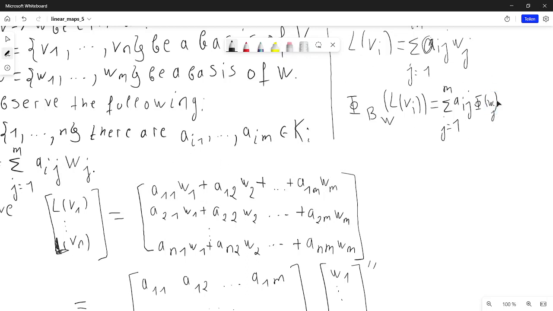We have now this sum here, which we can write in a matrix because of that. Oh, okay, I shouldn't say in a matrix, but we can deal with it in a way.